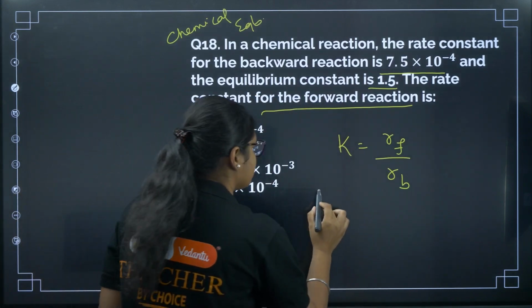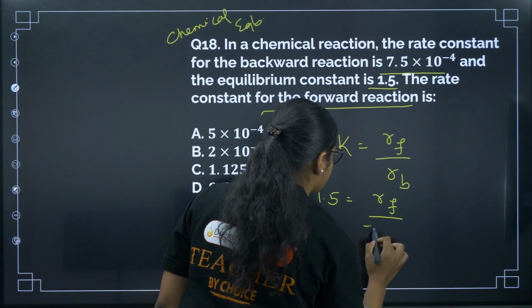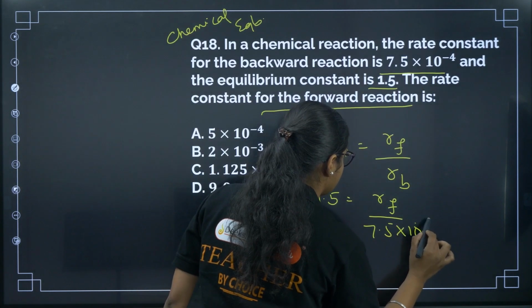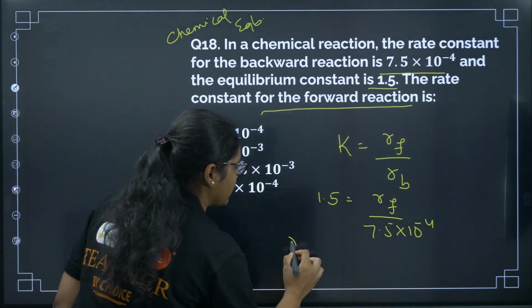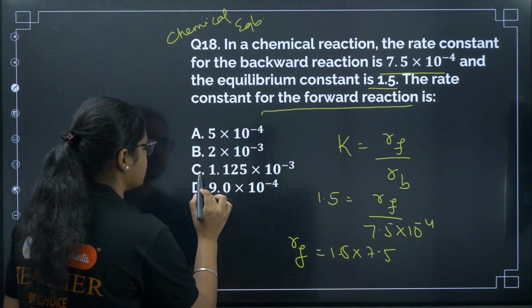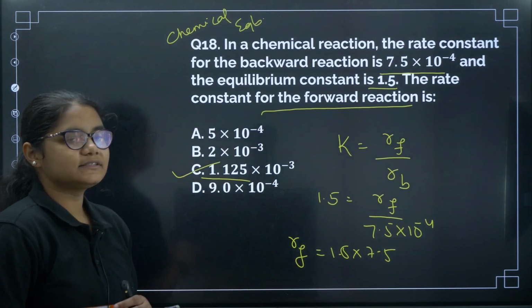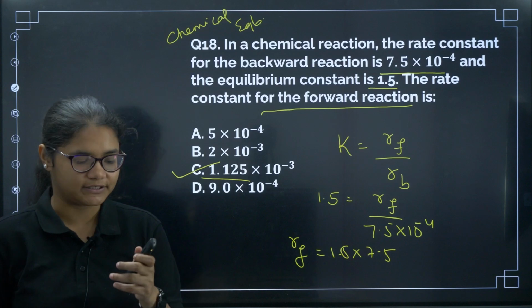Equilibrium constant value is given to you, 1.5. Forward we have to calculate, and backward is 7.5 into 10 to the power of minus 4. So if you multiply these two, I will get 1.5 into 7.5, so that is your 1.125. Correct answer for this question will be option number C. Very easy and direct formula based question.